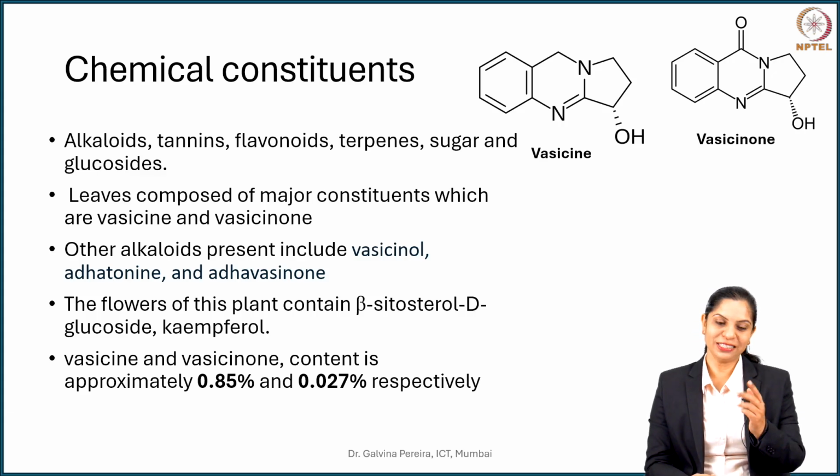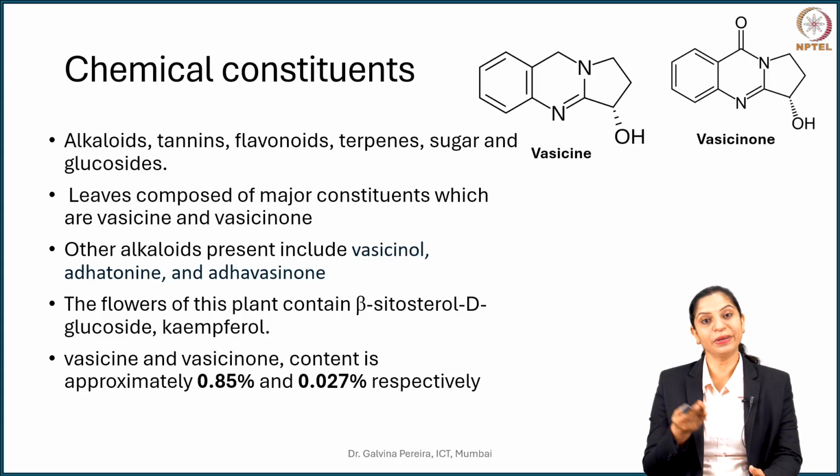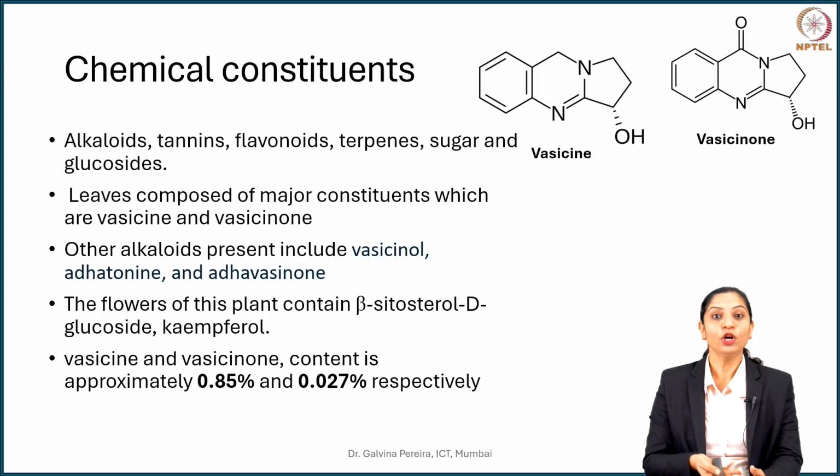Now the twist is, if you read the label of these bottles, you will see some of them will contain Adulsa extract, some of them will have Adulsa powder, depending upon the formulation, of course. But if you see the dosage, you will be surprised to see the doses coming as low as 50 milligram to as high as 300 milligram.